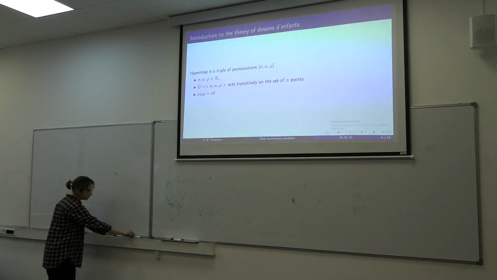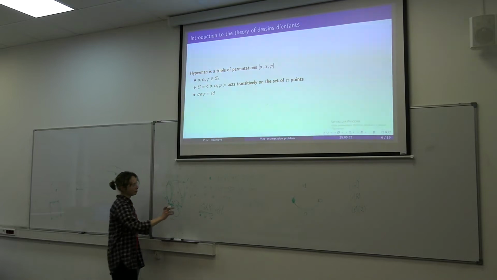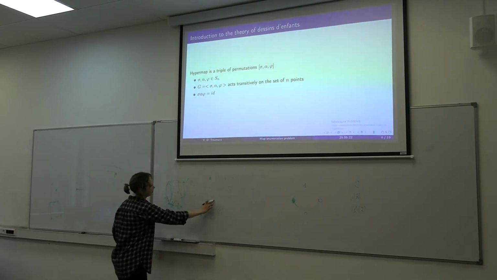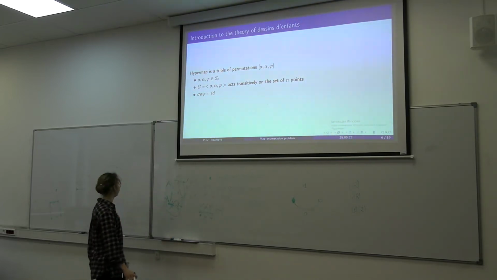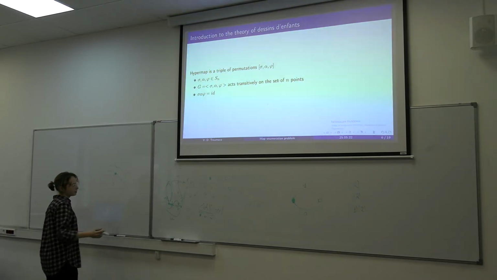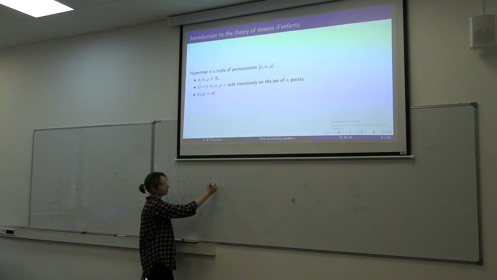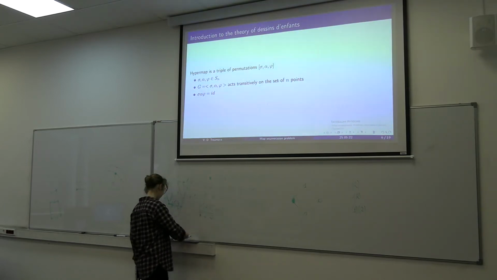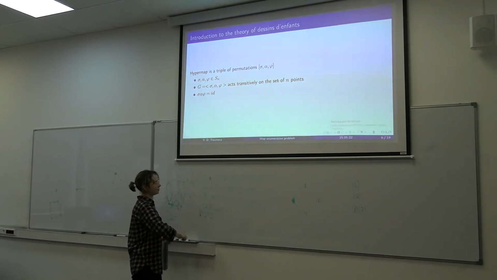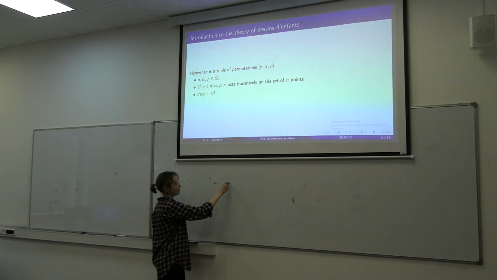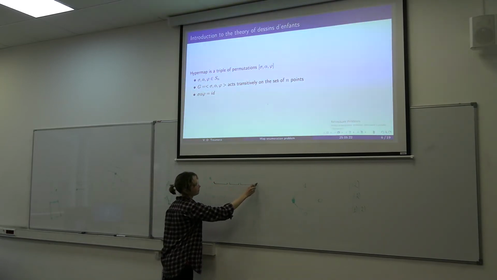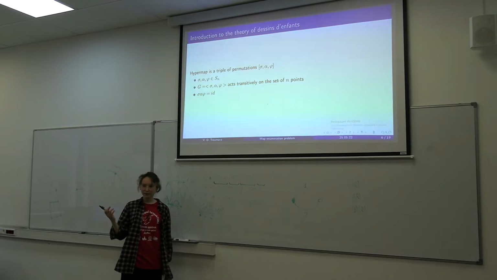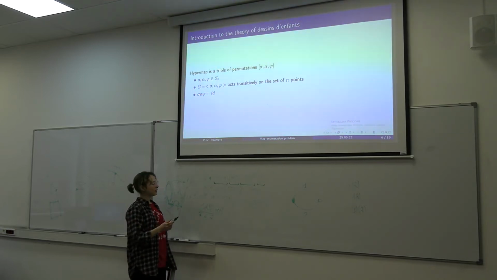If you have such permutations, you have black vertices, white vertices, and faces. You have here 4 cycles, 1, 2, 3, 4. That means that we have 4 black vertices.